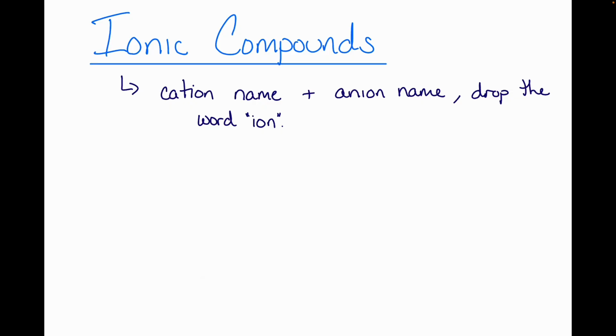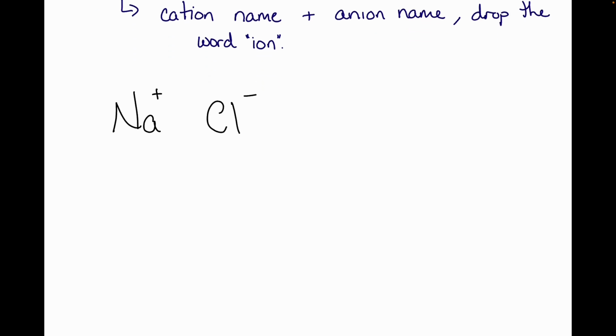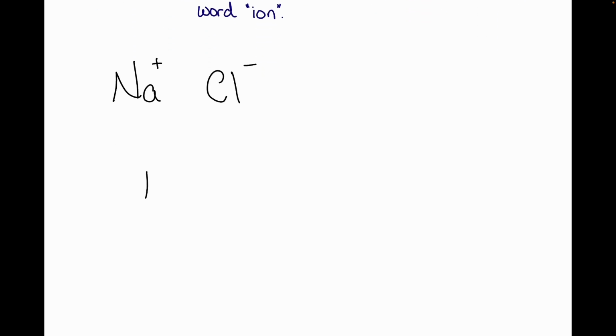So if I'm going to do this here, rolling everything together that we just discussed, given sodium and chlorine, I can look on my periodic table and figure out what these charges are. This is a +1 charge. This is a -1 charge. And that's how I put my chemical formula, NaCl, together.